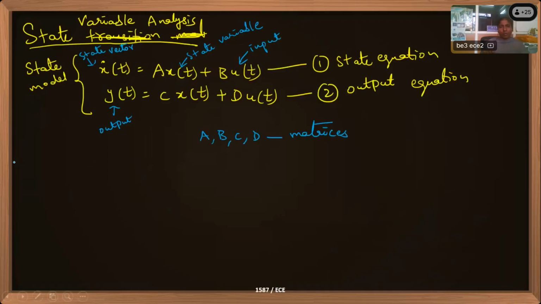So next, all the formulas first I will write. Then I will tell you what possible questions may be coming for any type of exam. Now I will go with the state vector. The state vector equation is x of t equal to x of 0 pi of t, and inverse Laplace of this plus B into (sI minus A) whole inverse.